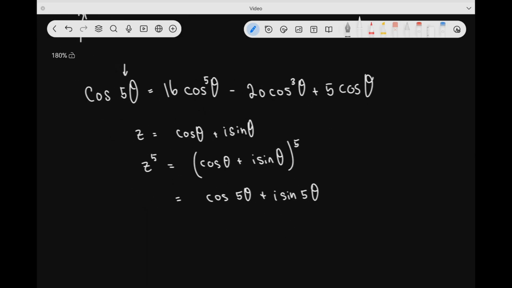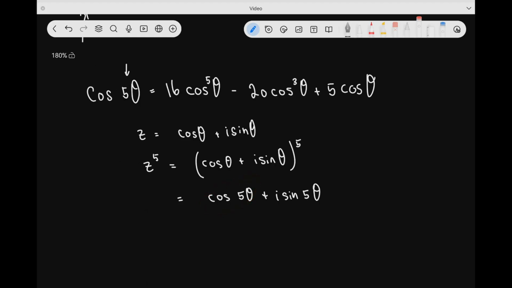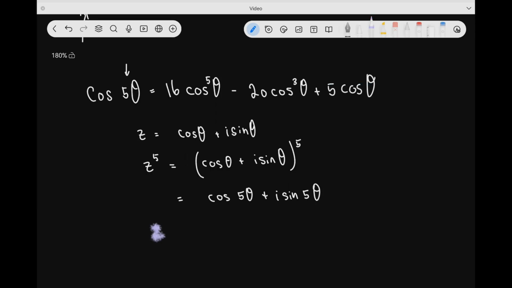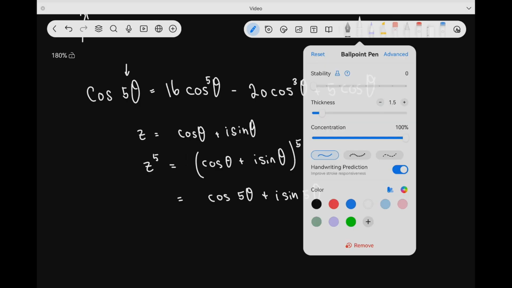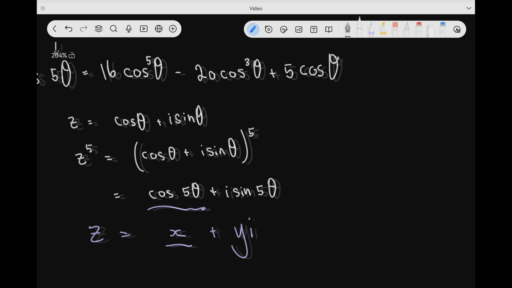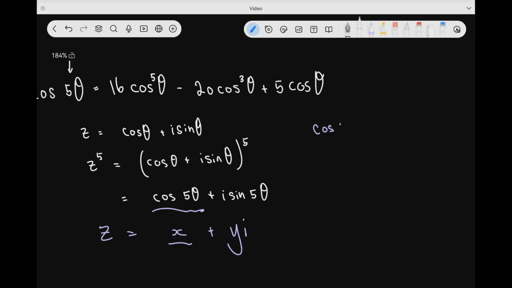So now, after applying the binomial theorem, if I just compare this to x plus yi, I can see that my real part is going to be equal to the 5 cosine theta. So we can then say, well, the cosine 5 theta is going to be equal to the real part of my binomial expansion.